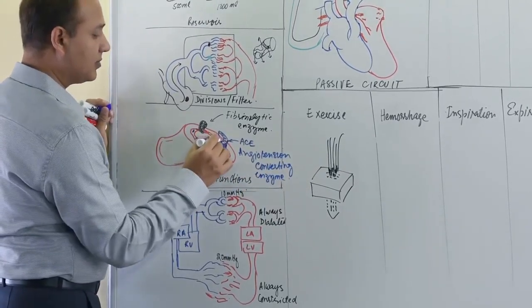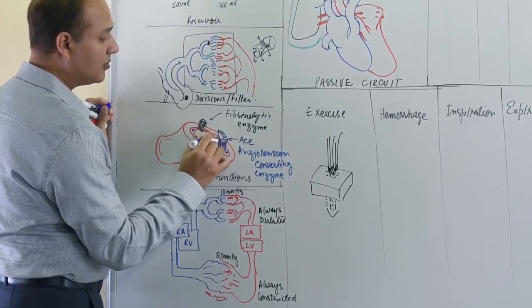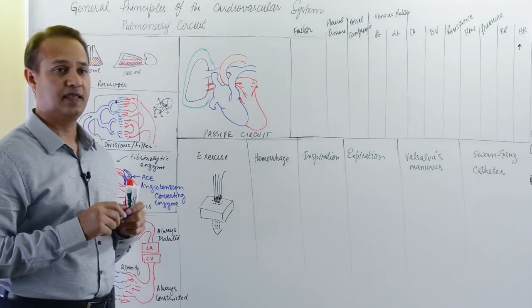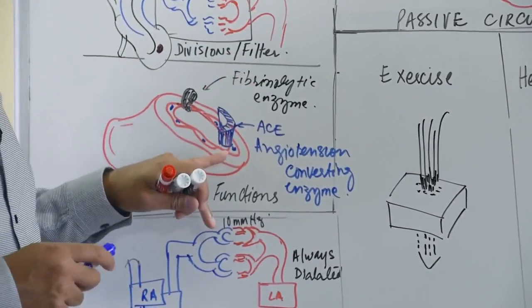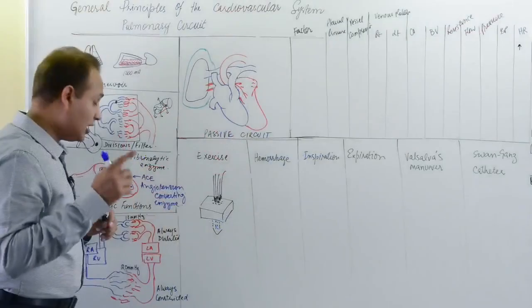Now this enzyme is actually present on the endothelium, and it is present on the endothelium of all the blood vessels, and it is also present in the plasma.